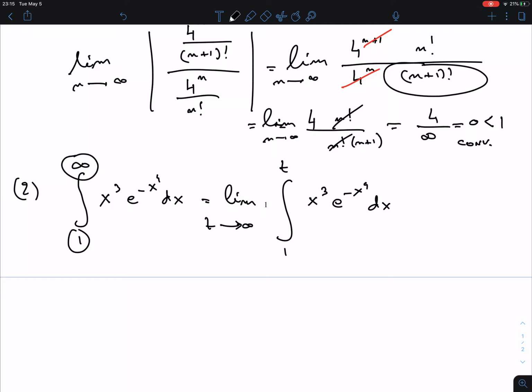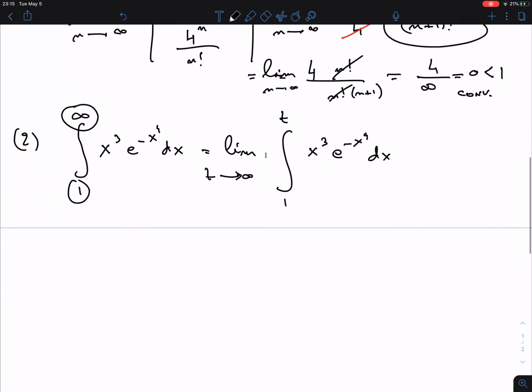With improper integrals, when you do substitution or any of these methods, it's sometimes much better to do the indefinite integral first. Otherwise, with this limit, you have to keep writing limit, or you forget to write limit. So let's do this.